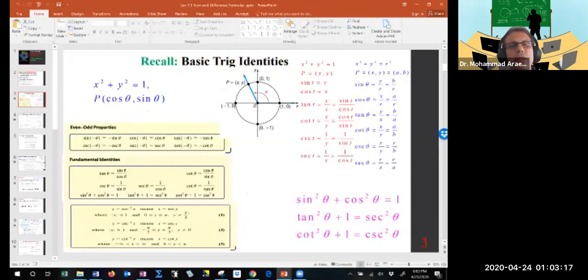For example, we covered some identities that are known as fundamental identities, such as reciprocal identities or Pythagorean identities.